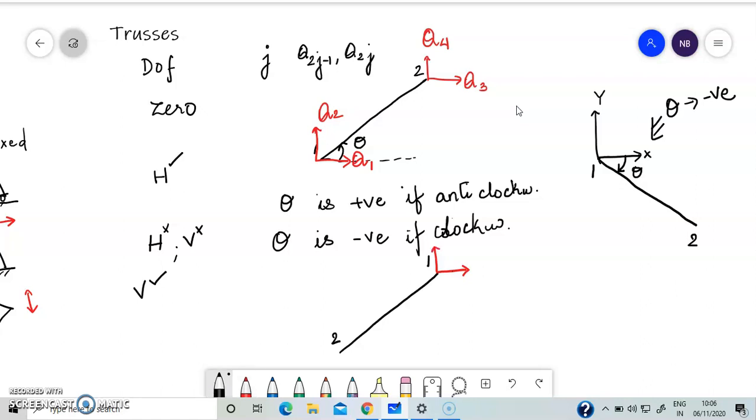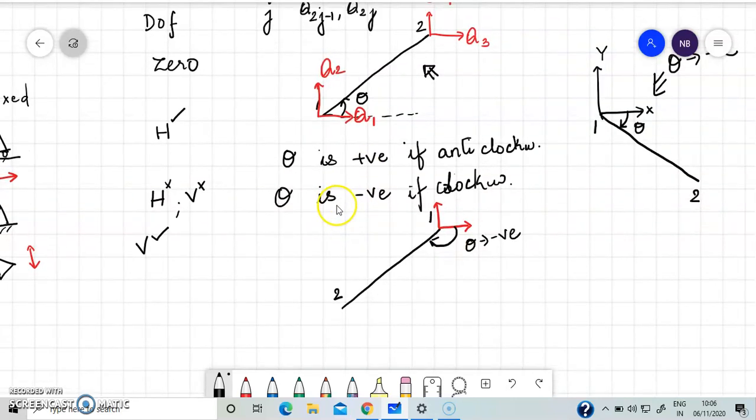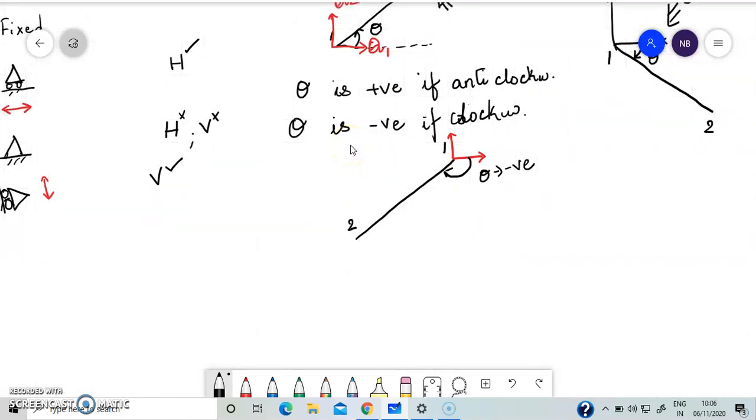Now in this case, our theta would be negative. Note that it is the same bar element as in the previous case, only my numbering scheme has changed. So I decided to take the top node as the first node and the bottom node as the second node. I have reversed the numbering scheme. So this becomes negative.